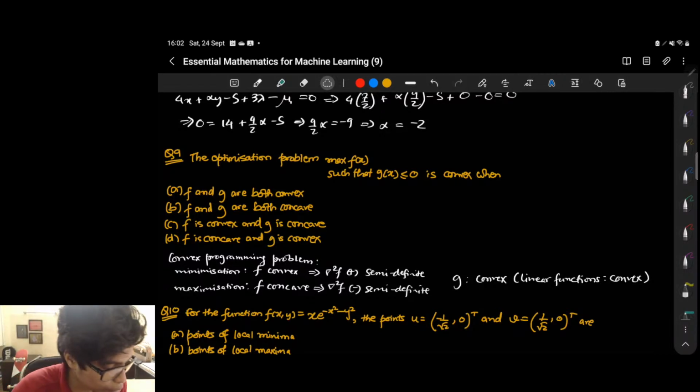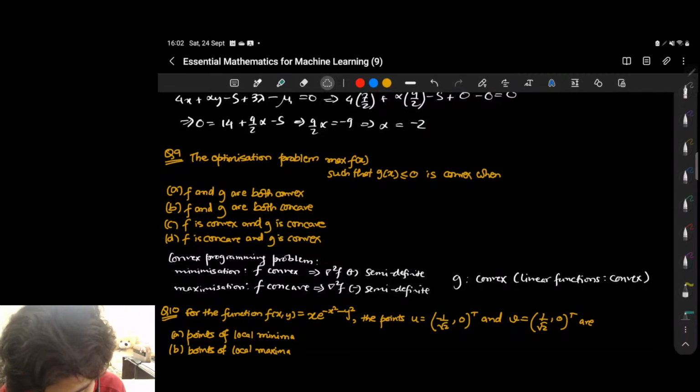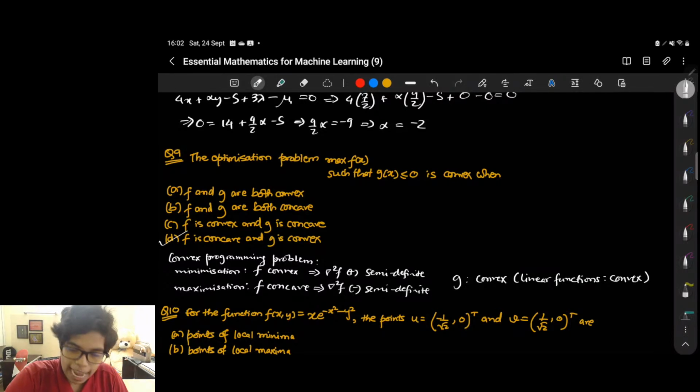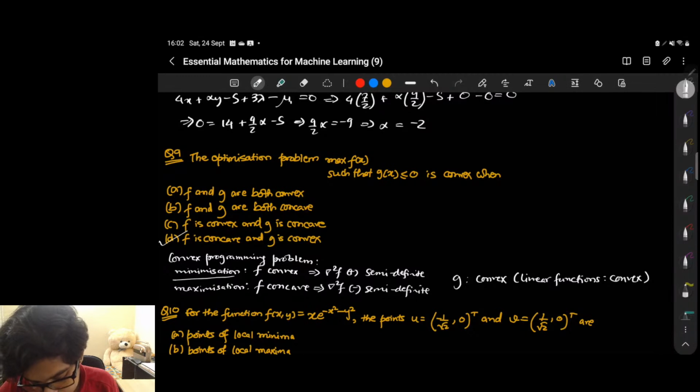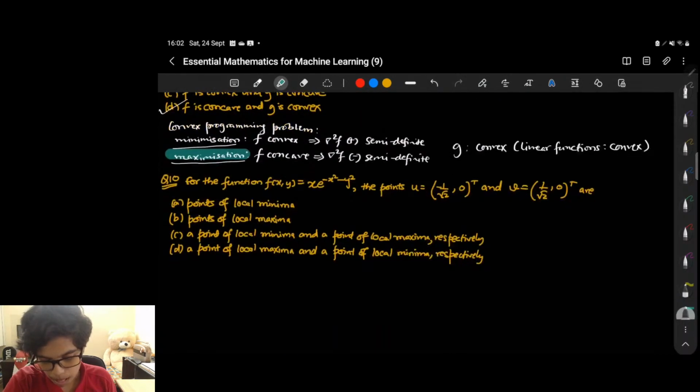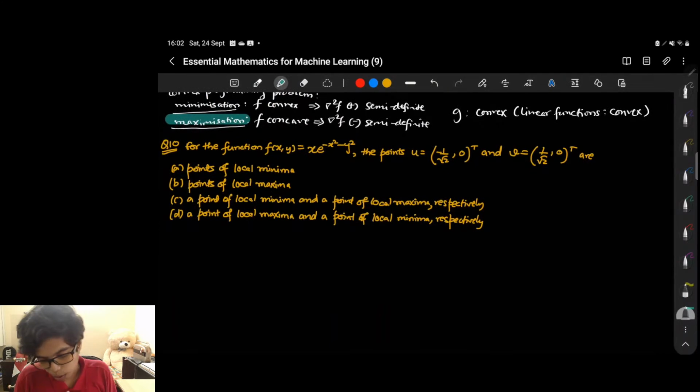So the correct option in this case is option D, that f is concave and g is convex. So for convex, g always has to be convex, and f is convex or concave depending on whether you have a minimization problem or a maximization problem. And in our case, we have the maximization problem. So now the last question.